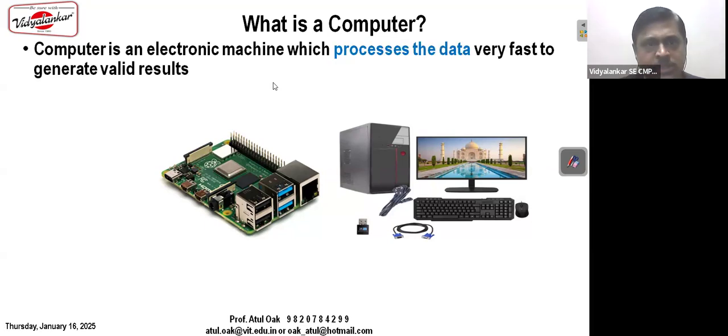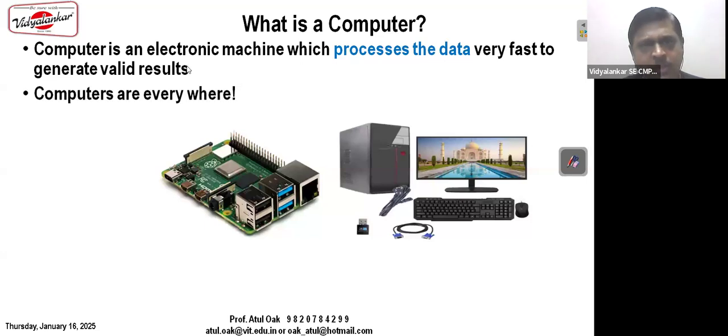What is a computer? We say that a computer is an electronic machine which processes the data very fast and generates valid result. So it is a very simple and sweet definition. It's an electronic machine because you can see there are a lot of ICs visible here.